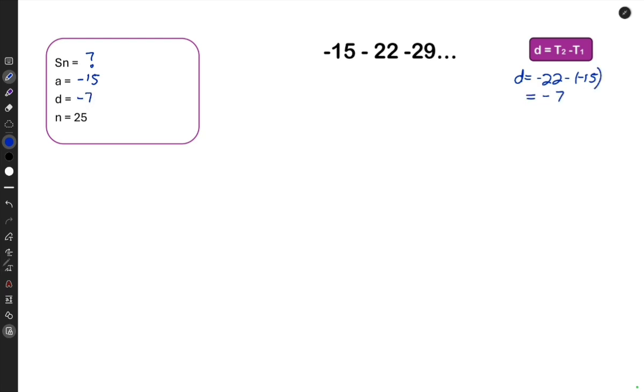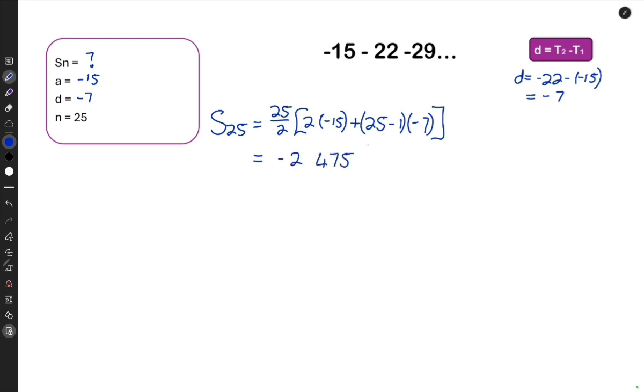Now I can just use the formula and sub in everything. The sum of the first 25 would be equal to 25 over 2, times 2 times negative 15, plus n minus 1, so 25 minus 1, times d. Typing that all into my calculator, I can see the answer is minus 2475.